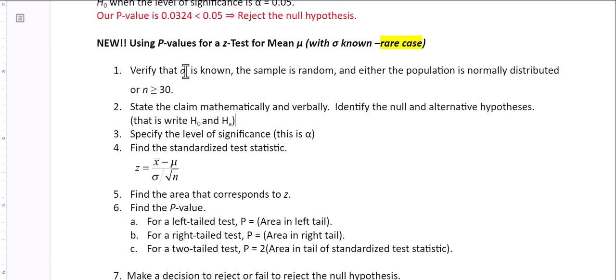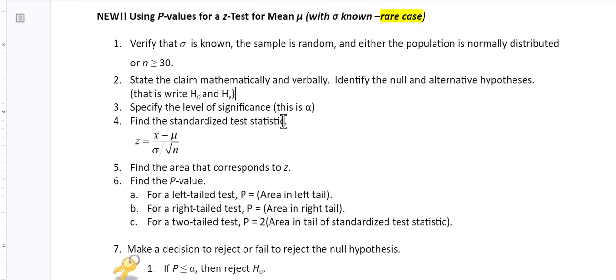Verify that you in fact know sigma. Really, the first step is, do you know sigma, the standard deviation for the population? Based on that, you're going to decide which test to use, which table, z-scores or t-scores. And then also verify that the population is either normally distributed or that the sample is greater than 30.